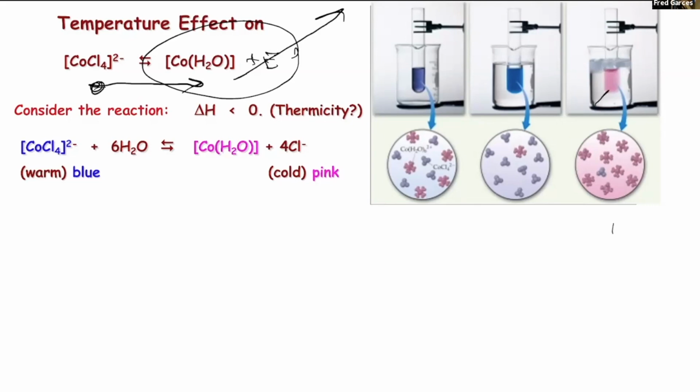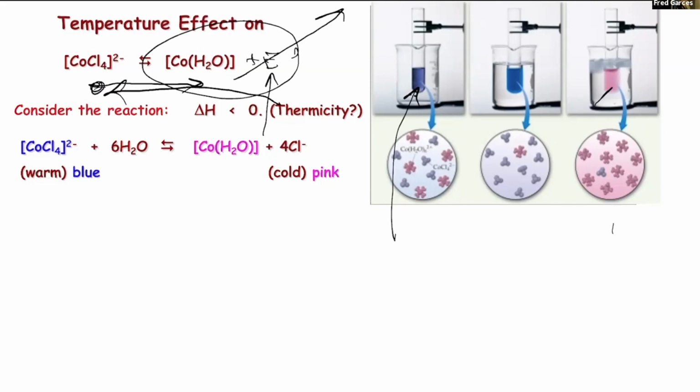You start to see more of the pink chemical. If it's an exothermic reaction and you put in more energy, you heat it up, then the reaction shifts in the reverse direction and you see more blue, and that's exactly what we have here. This is a higher temperature. It turns blue at higher temperature and it turns pink at lower temperature. This is an exothermic process.